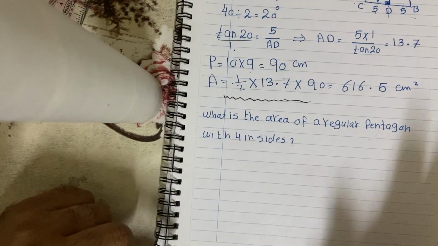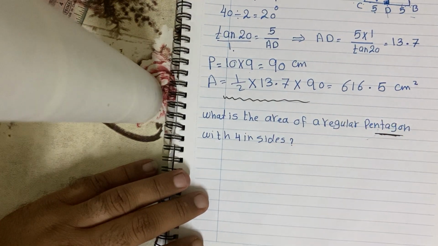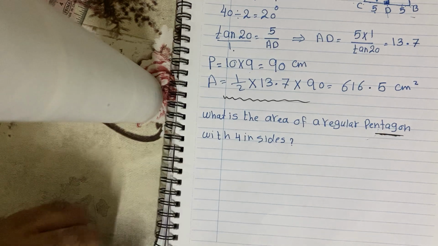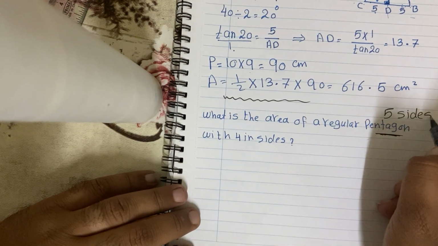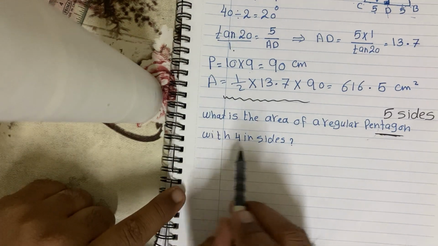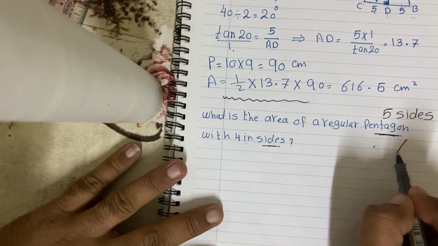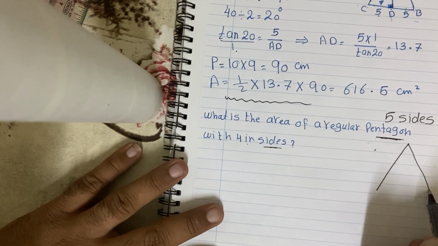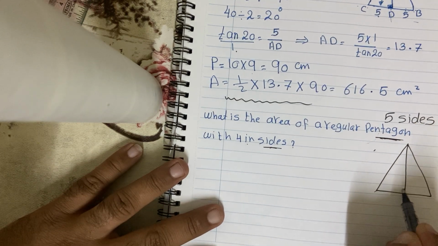Again, what is the area of a regular pentagon? Pentagon means 5 sides, with 4-inch sides. We need to find the apothem first. Let's draw the same triangle like that, and this is the apothem we need to find.